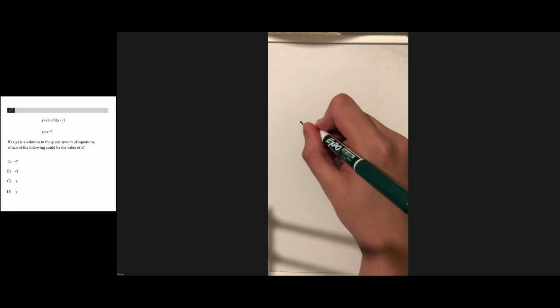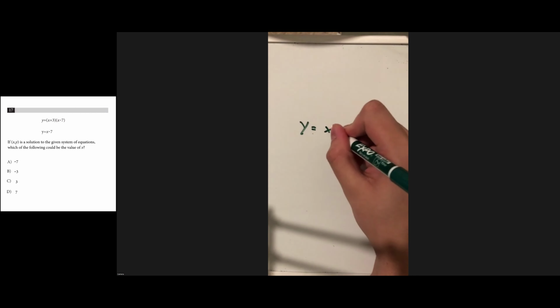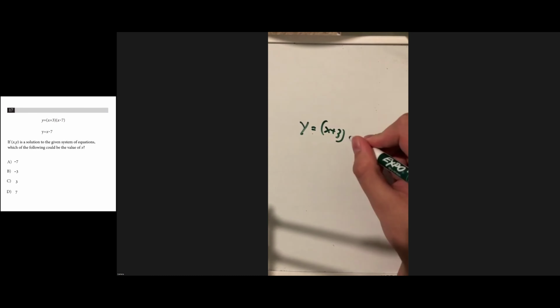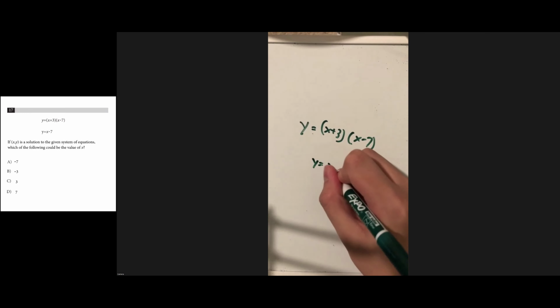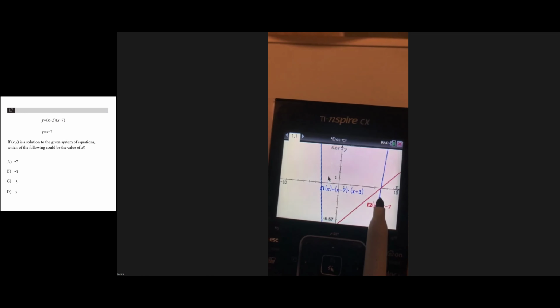And so graph y equals (x plus 3) times (x minus 7) and graph y equals x minus 7 and find out where they intersect. These are the two intersections of the graph when they're graphed. As you can see, it intersects at this point right here, which is at x equals 7, which means that the correct answer is answer choice D.